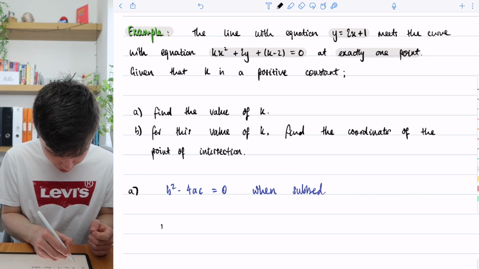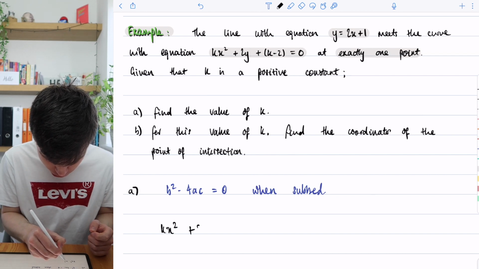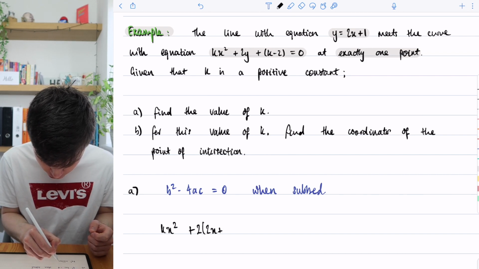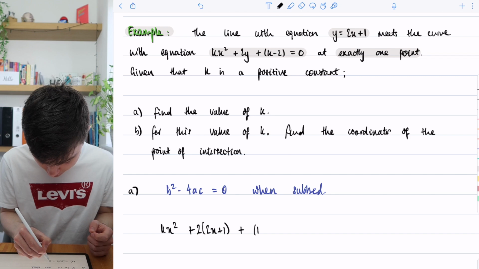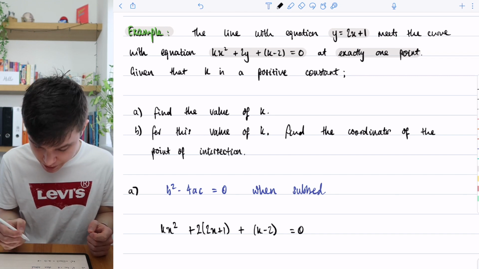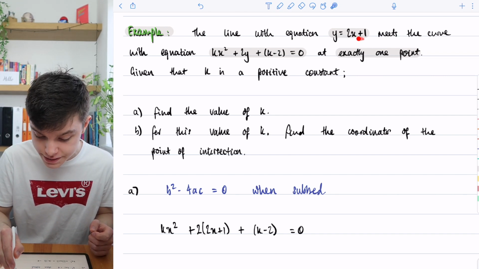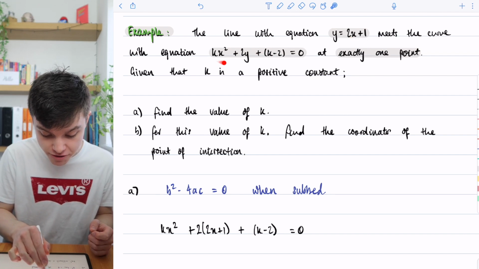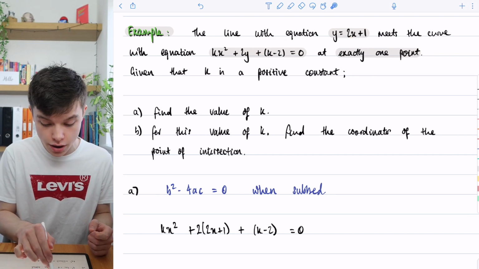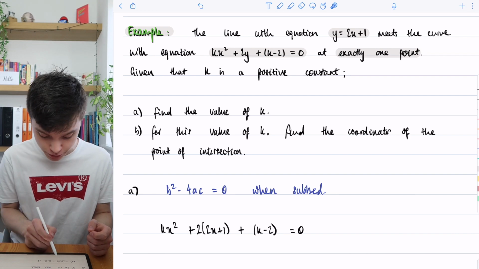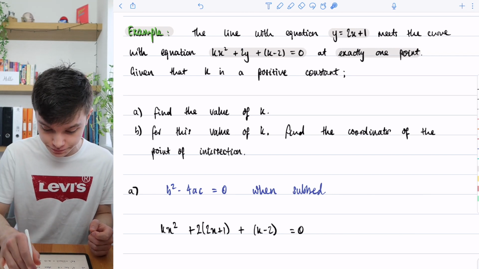So I'm going to have kx squared plus 2 times (2x plus 1) plus k minus 2, and that's going to be equal to 0. Wherever I see a y in this curve, I'm going to change it to 2x plus 1.